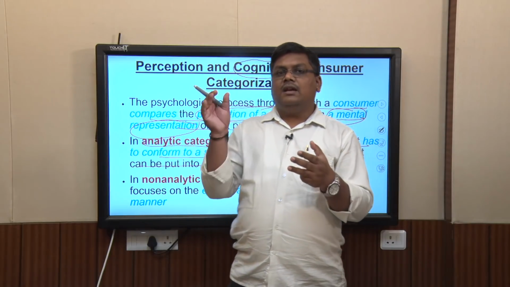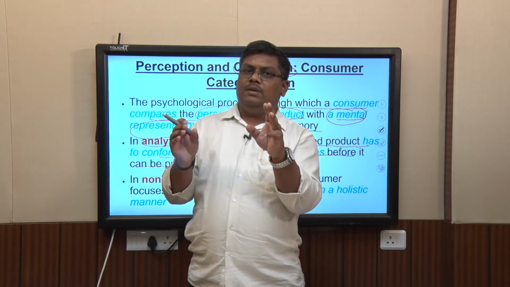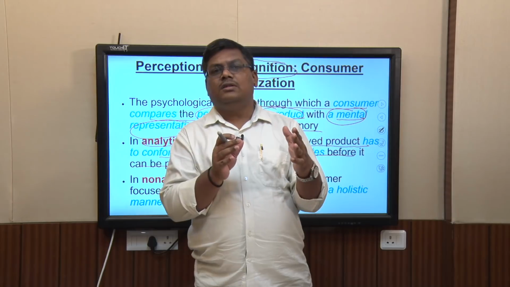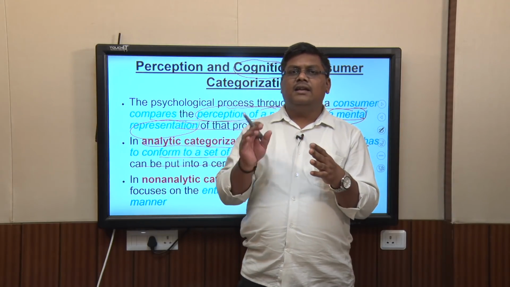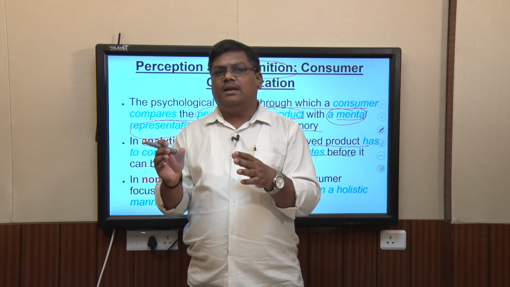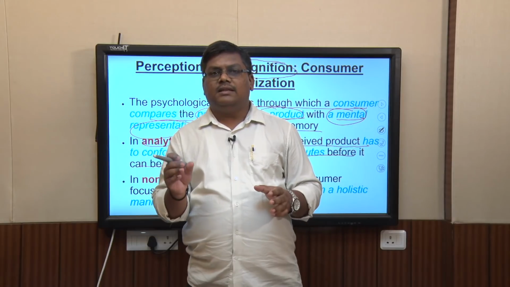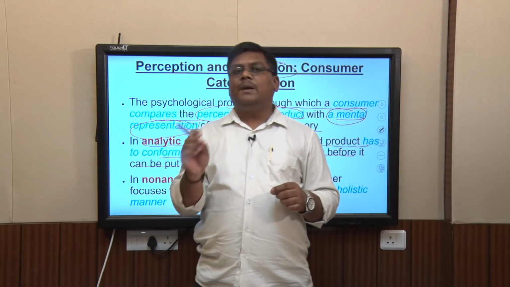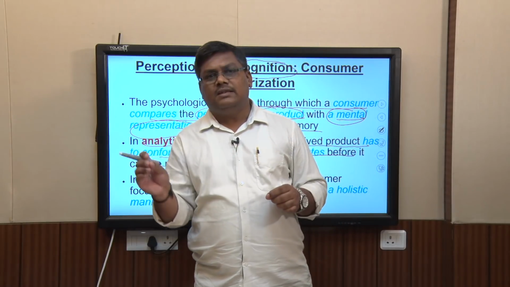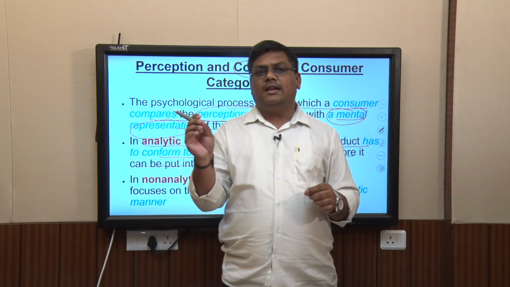As I explained, a new kind of beer has come, and the consumer needs to understand that this is a beer. Within beers you also have something called ales, or lagers, but we will not go into that discussion. So if a new kind of beer comes in, how does the consumer categorize it as beer? He takes a few parameters and categorizes the new beer based on its sensory qualities and features.